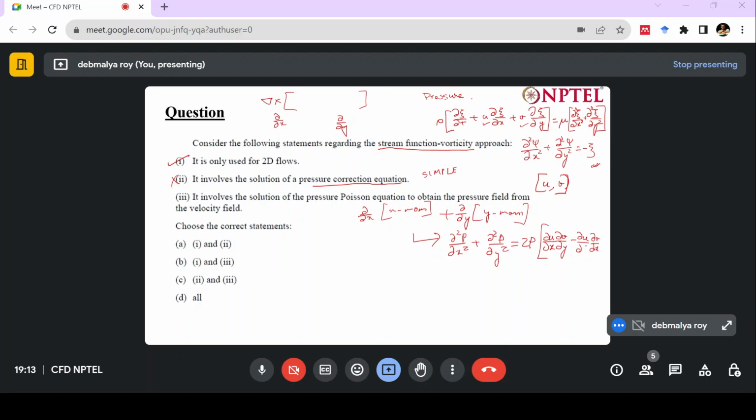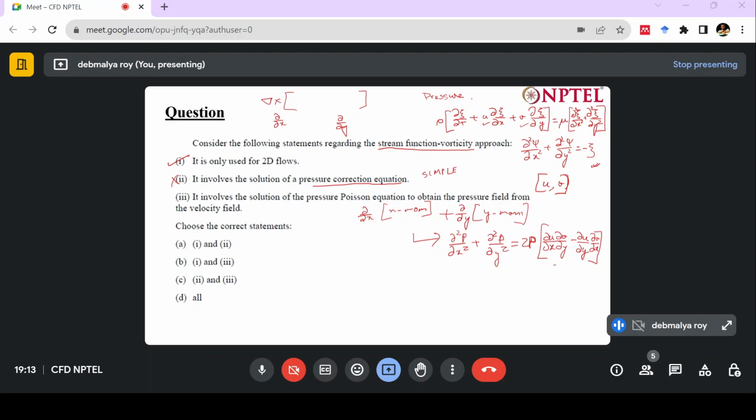You can see that this will come from a particular term in the convective terms. So this is rho, the density.